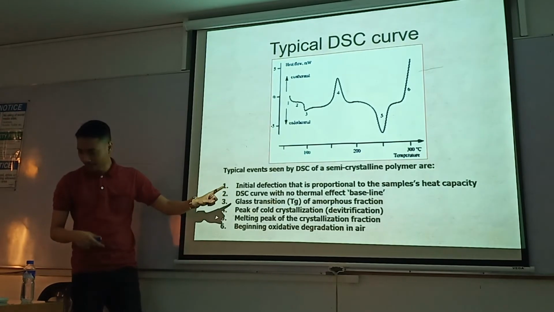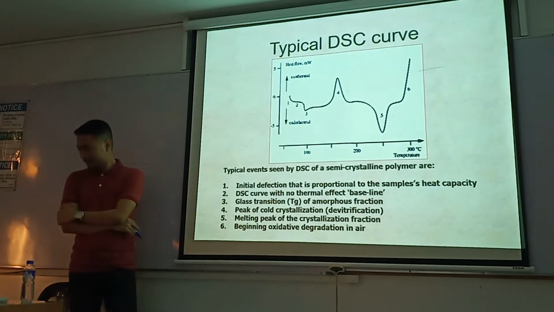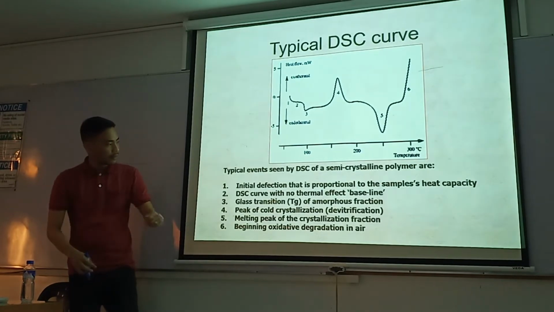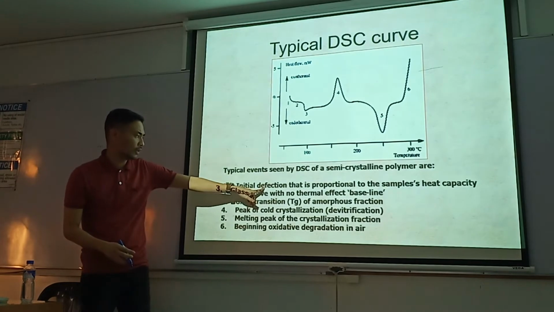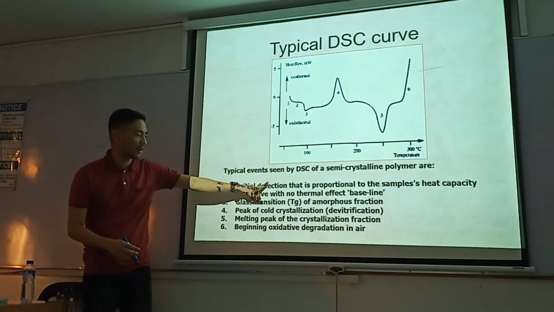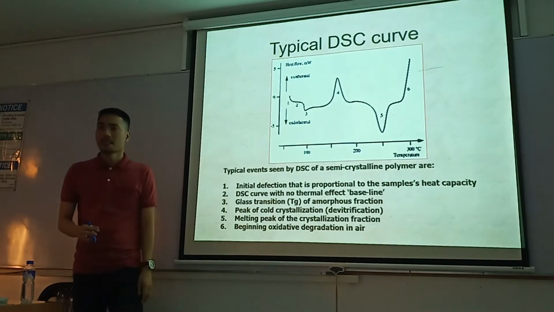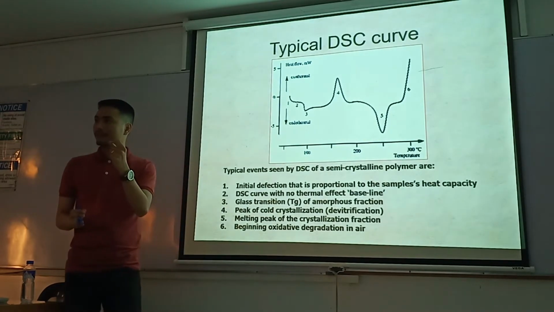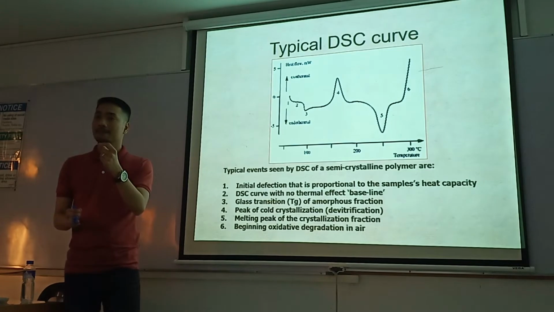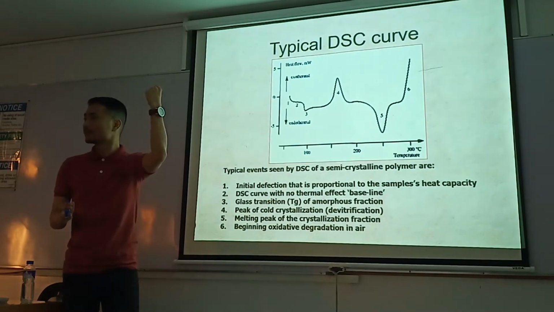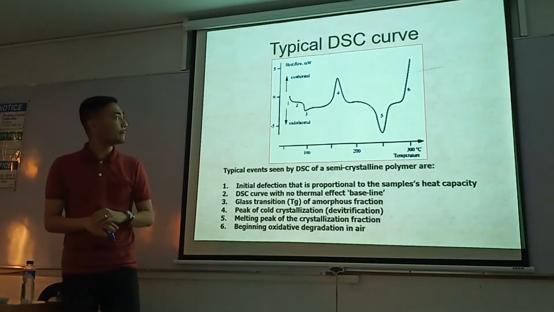The initial deflection that is proportional to the sample's heat capacity. You know the HDT, right? It's the first property being observed from the transitions that we have.